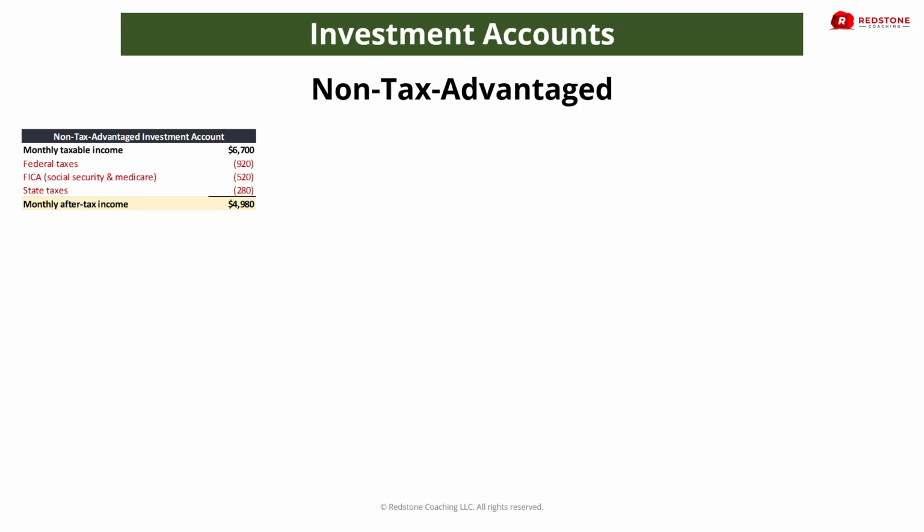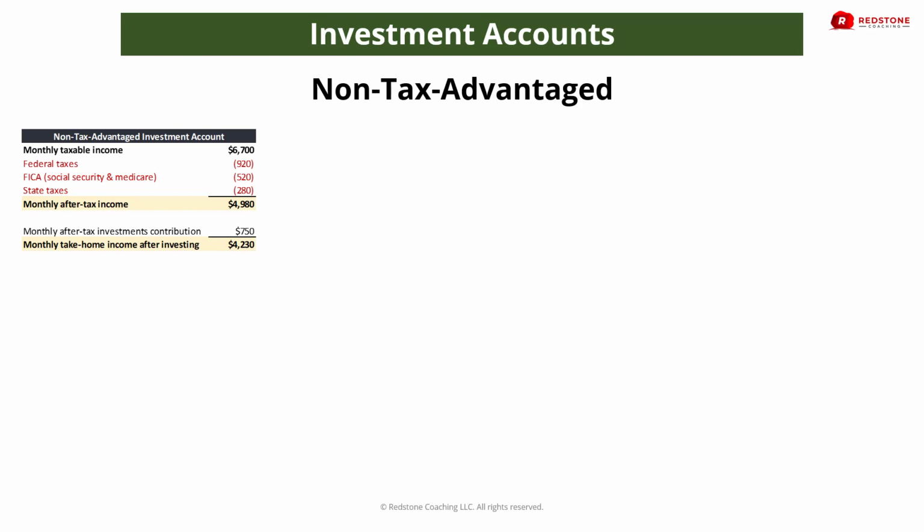So if your taxable income is $6,700, let's just say that your federal taxes would be, call it $920. Your FICA taxes, which is Social Security and Medicare, would be $520. And then your state taxes might be $280. So your actual monthly after-tax income would be roughly $5,000, so $4,980. That's the amount that would hit your checking account.